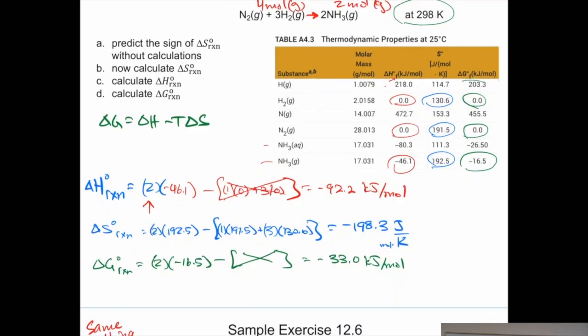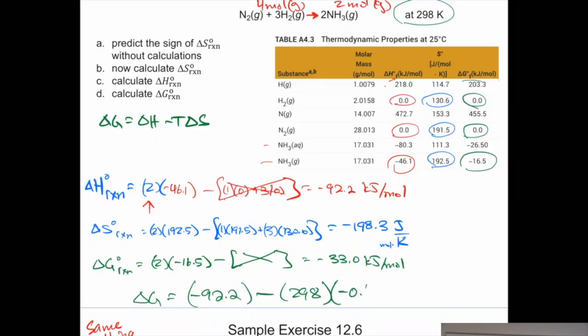So delta G is equal to delta H, which was minus 92.2, minus T, which is 298, delta S is 198.3, but that's joules. We need to convert that into kilojoules, okay?